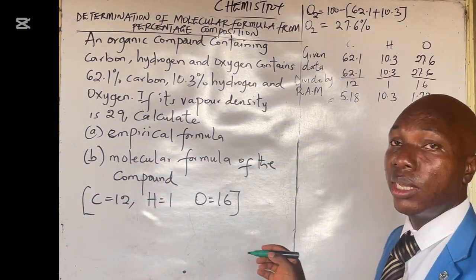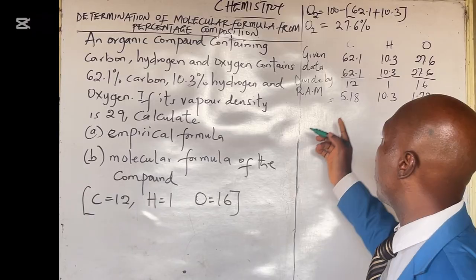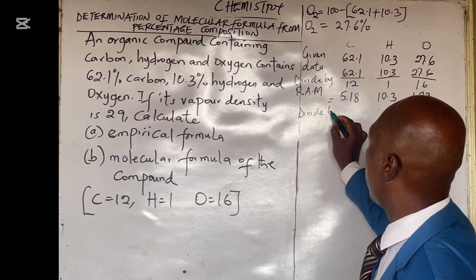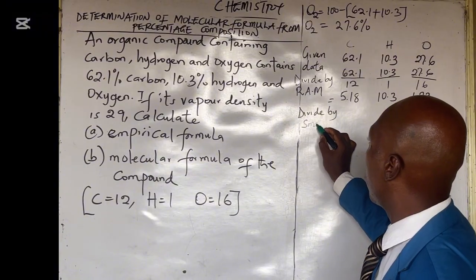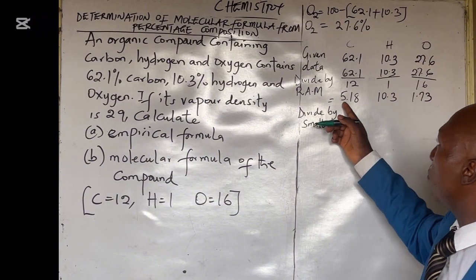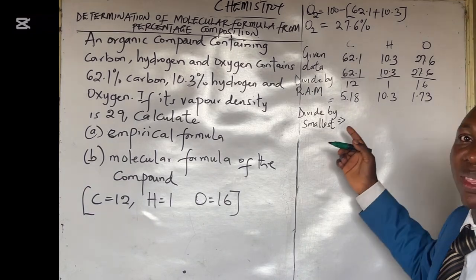The next step is to divide by the smallest. Out of these three, 1.73 is the smallest.